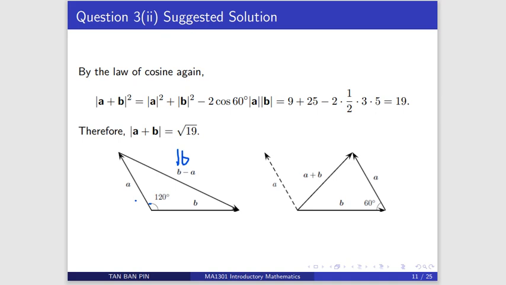The magnitude of B minus A is actually the side c.